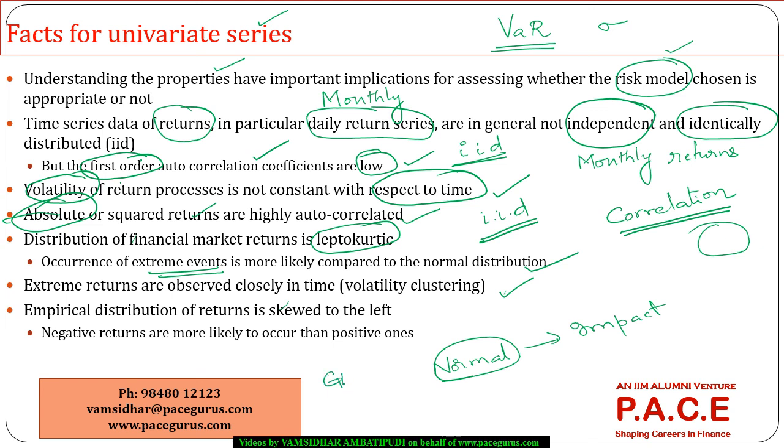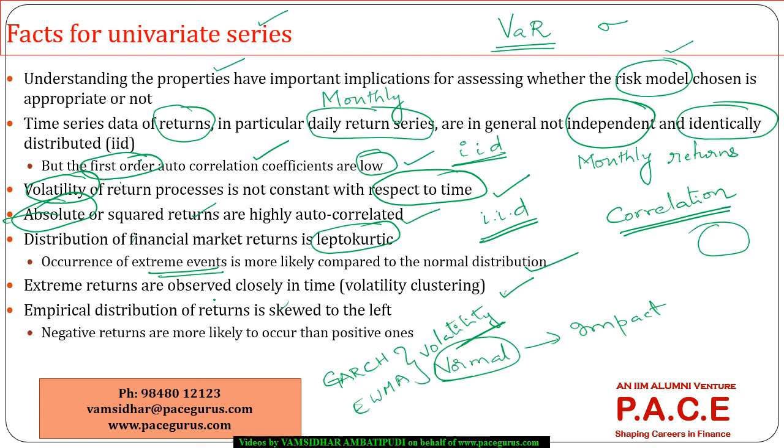We may have to rely on models like GARCH or EWMA, which are volatility specific models, because volatility is not constant, it keeps changing with time. So I need some kind of mechanism which can help me to forecast and predict the volatility so that I can take appropriate risk management decisions.